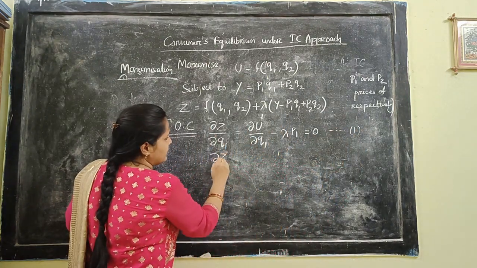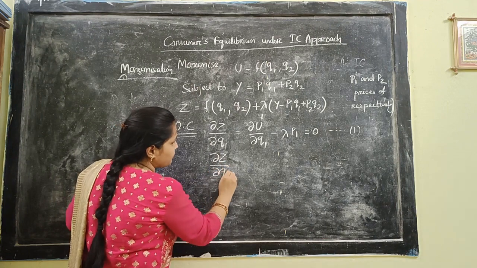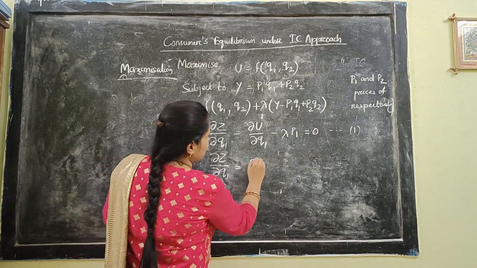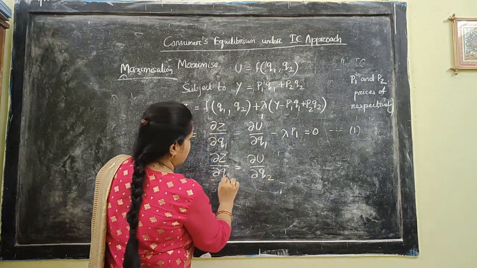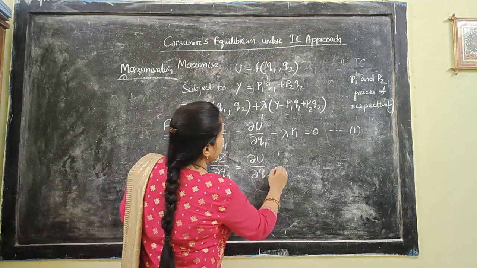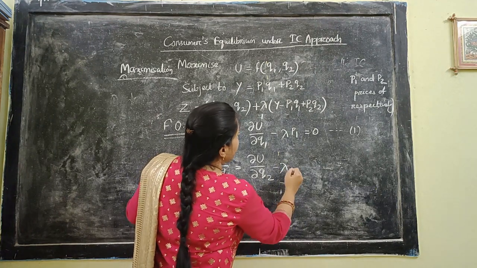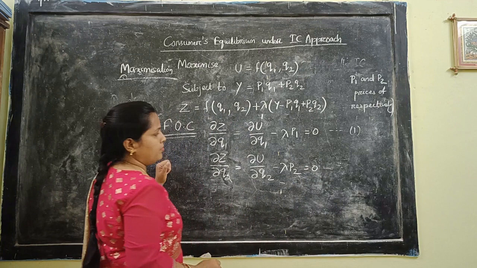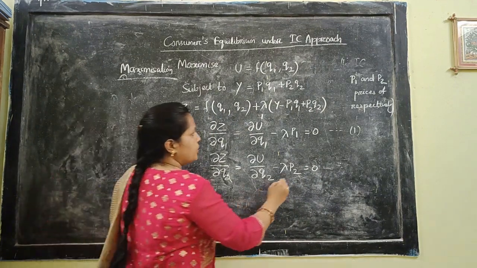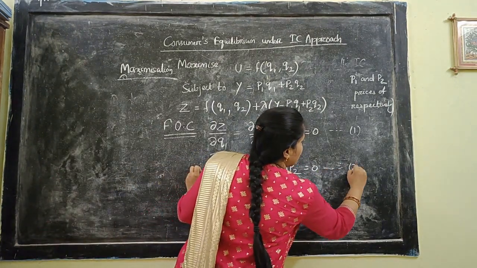Then next is del Z to del Q2, which is del U to del Q2 minus lambda P2 is equal to 0. So put it as equation number 2.